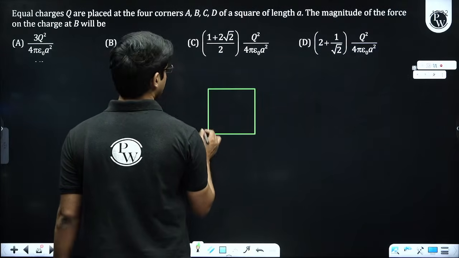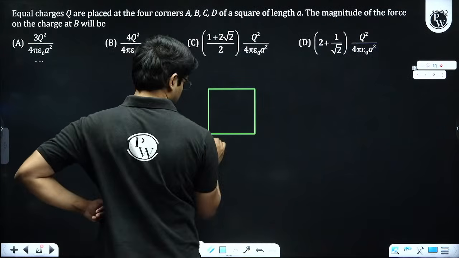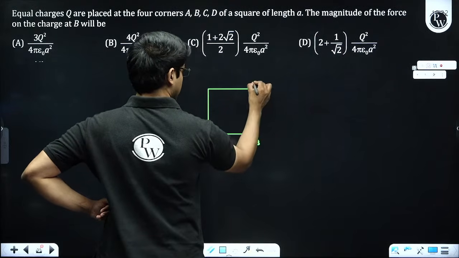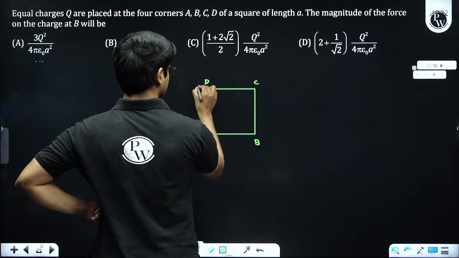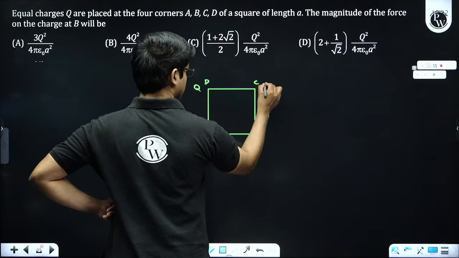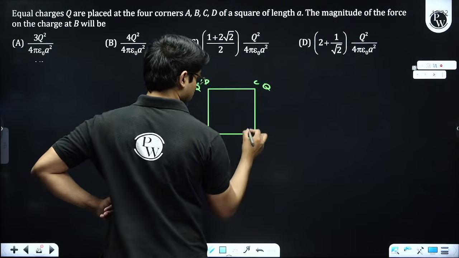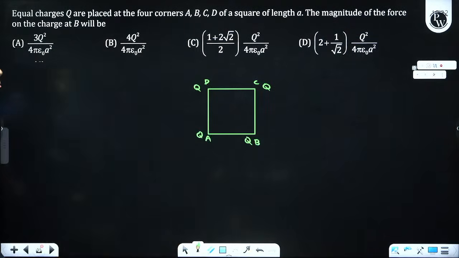So this is A, B, C, D. Okay, and in all these corners we have a Q charge kept.